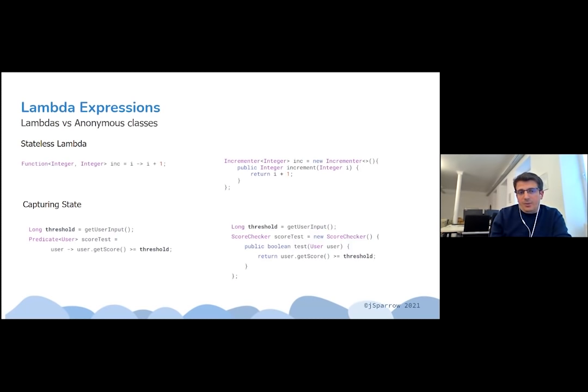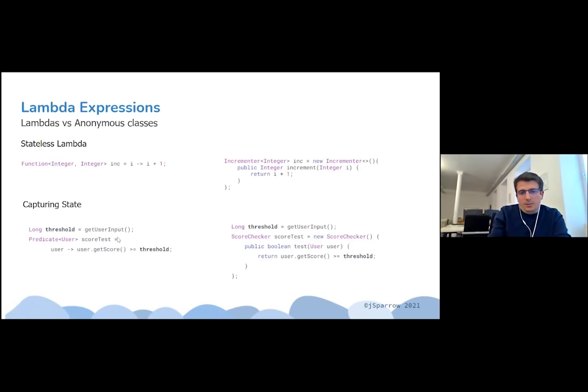And every time that lambda expression is invoked, it doesn't have to recalculate all the bytecode that would represent the method containing the logic of the lambda expression, but it would immediately go and call it, and this would be a lot more efficient than creating a new anonymous class every time we execute it.